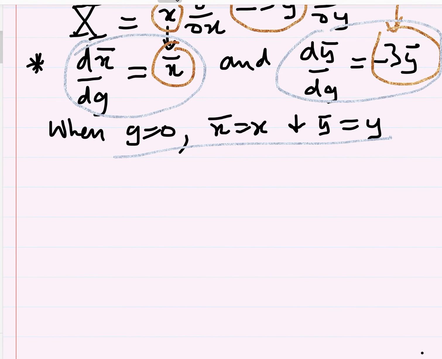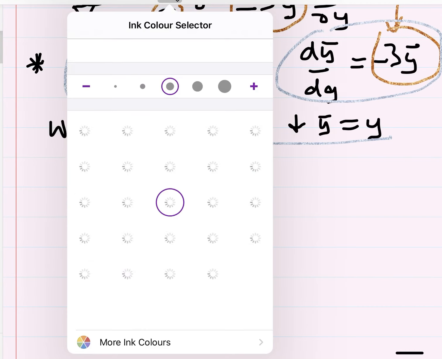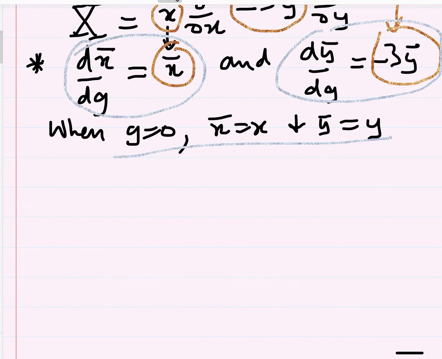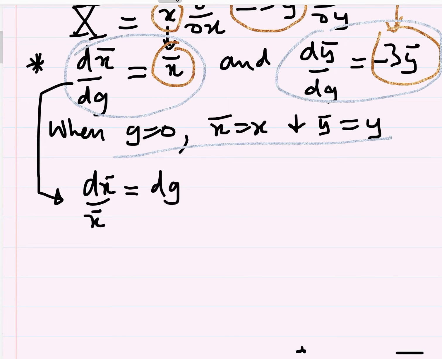Right, and this example is rather straightforward. Let's start with the first one. So if we take that, it's a variable separable, straightforward. You get dx bar over x bar equals dg. You integrate both sides.